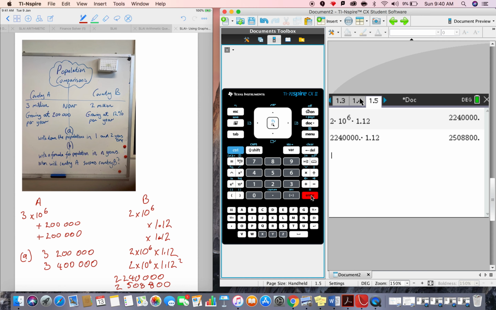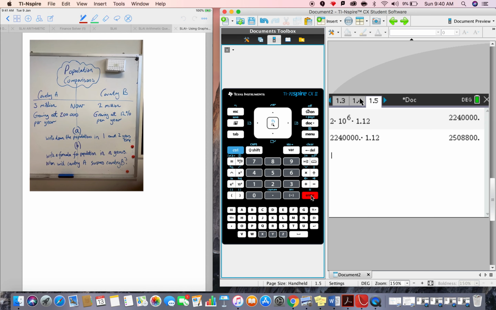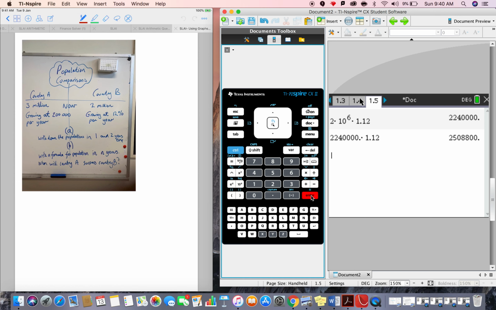And B, write a formula for population in n years. Okay, so I'm going to try and do that now. Get another page on. Okay, so the part A, we've got U of 1 is 3 million. D is a common difference, and the common difference is 200,000.